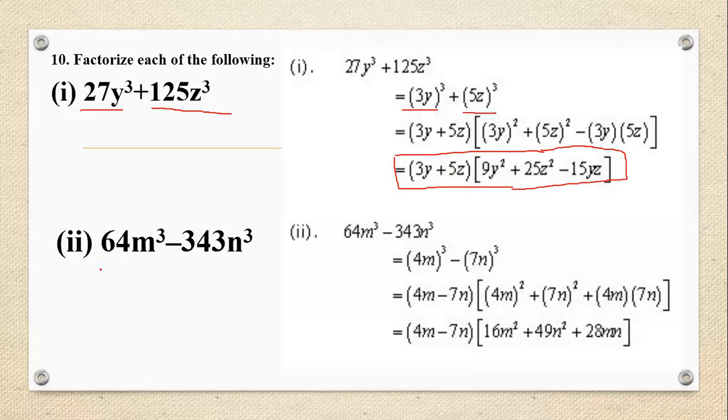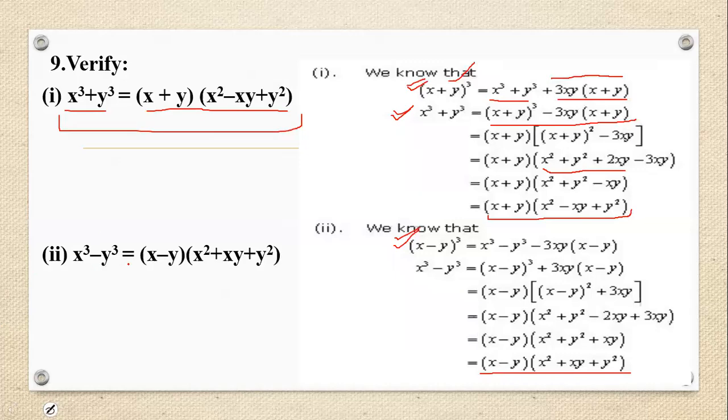Similarly, the second part of question number 9 is used as the identity: the cube of the first value minus the cube of the second value is equal to the first value minus the second value, times the first value square, plus the second value square, plus the first value into the second value. So in the previous identity, x cube minus y cube becomes (x minus y)(x square plus xy plus y square).